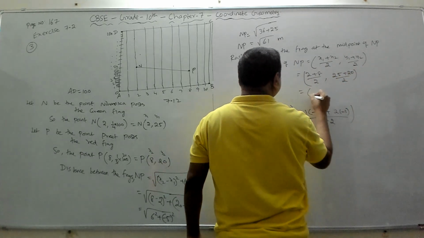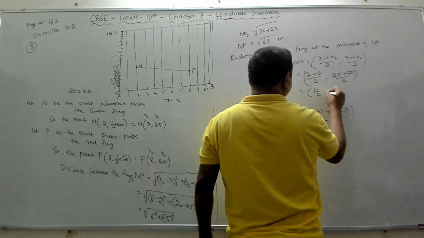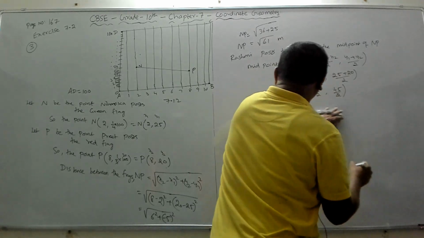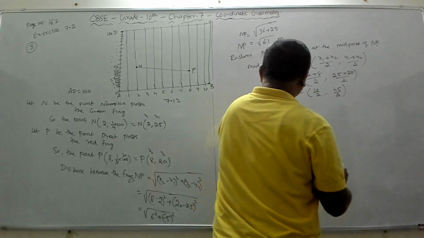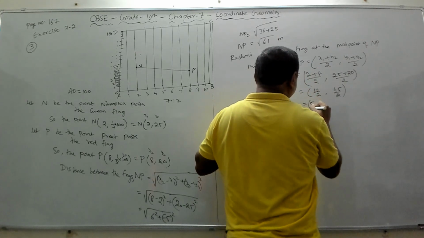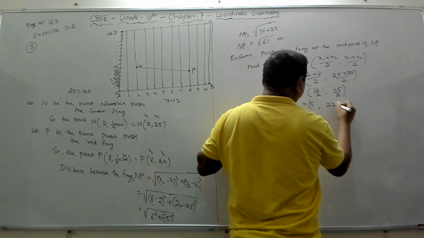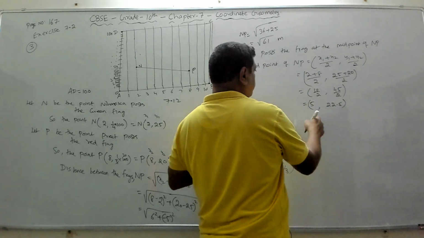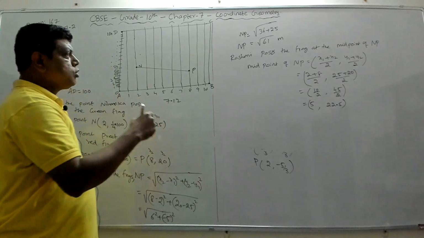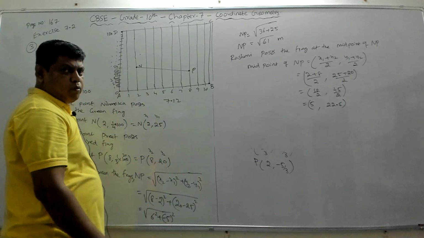That will give you 10 by 2 comma 45 by 2, which is 5 comma 22.5. So this is the point where Rashmi is going to post her flag, which is her blue flag.